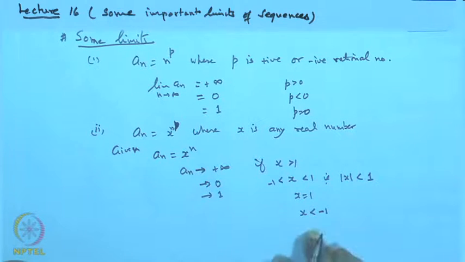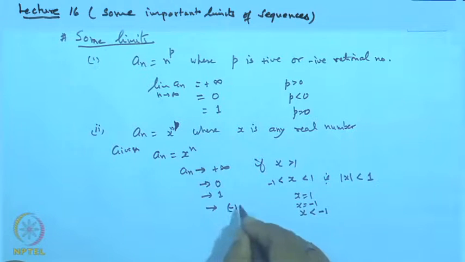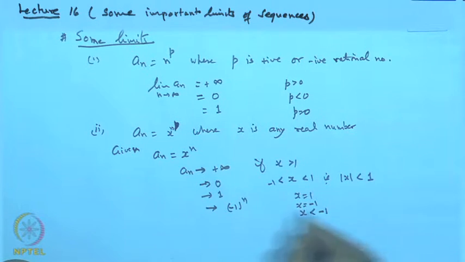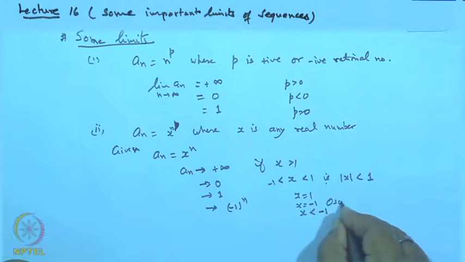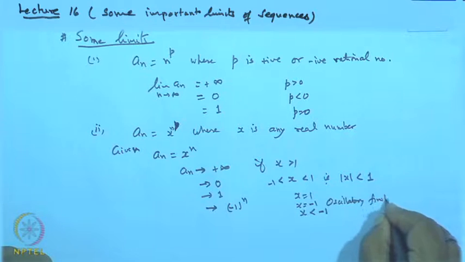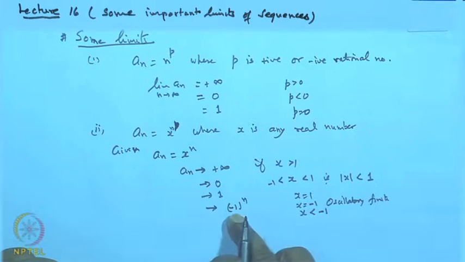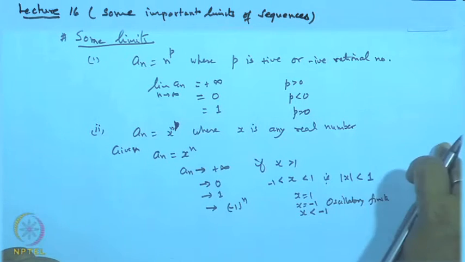When x is equal to minus 1, it is basically of the form minus 1 to the power n. So, this is an oscillatory finite sequence, because it will go to plus 1, minus 1 like this.